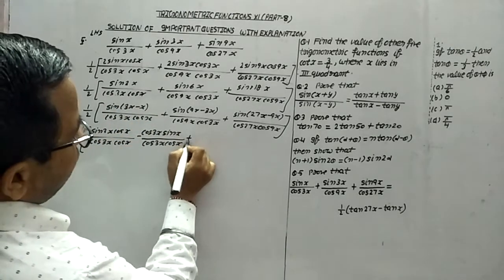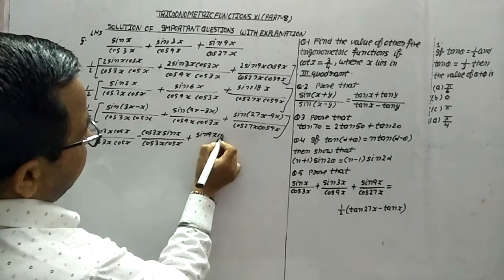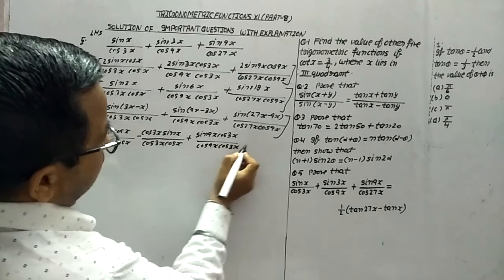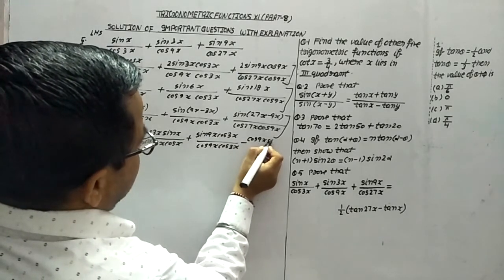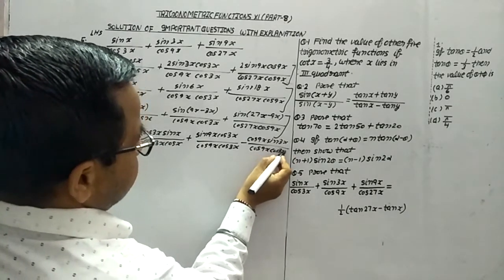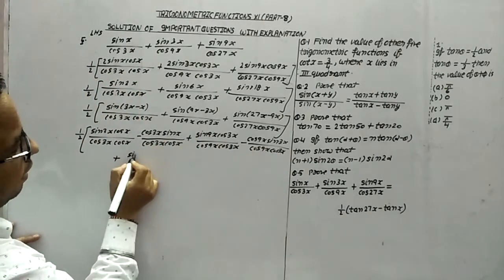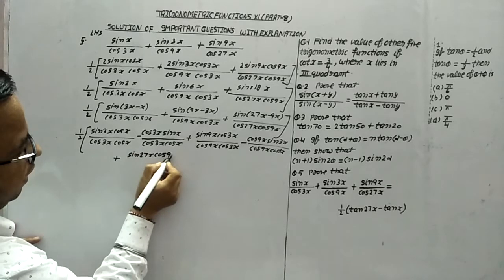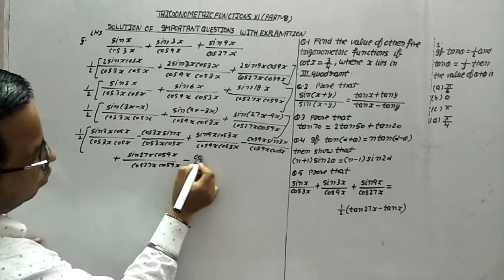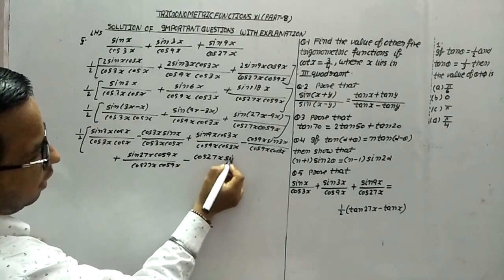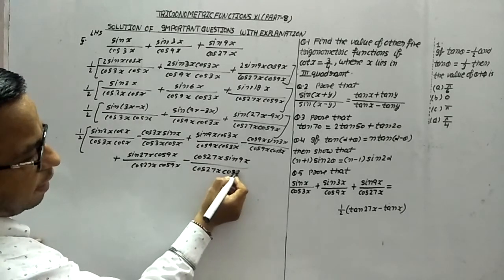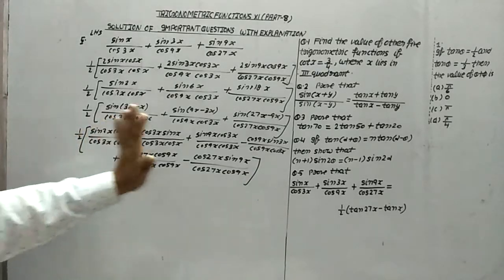So sin 3x cos x upon cos 3x cos x minus cos 3x sin x upon cos 3x cos x. In the same way, sin 9x cos 3x upon cos 9x cos 3x minus cos 9x sin 3x upon cos 9x cos 3x. And in this part, sin 27x cos 9x upon cos 27x cos 9x minus cos 27x sin 9x upon cos 27x cos 9x. So in this part we applied the identity and separated it out.